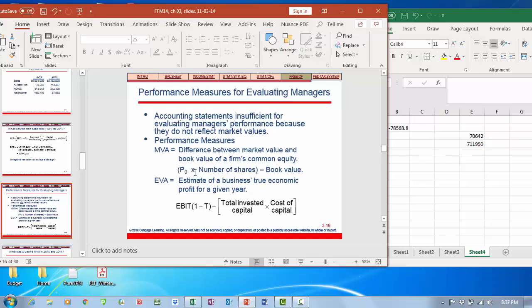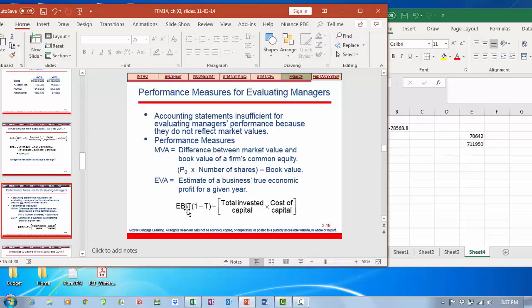Economic value added is really, in simple logic, the cost of capital. For example, if you're taking a loan at 3% and you've turned around and made a profit which has resulted in a return of 5%, then the 2% added is the economic value added. So it is the estimate of a business's true economic profit for a given year.